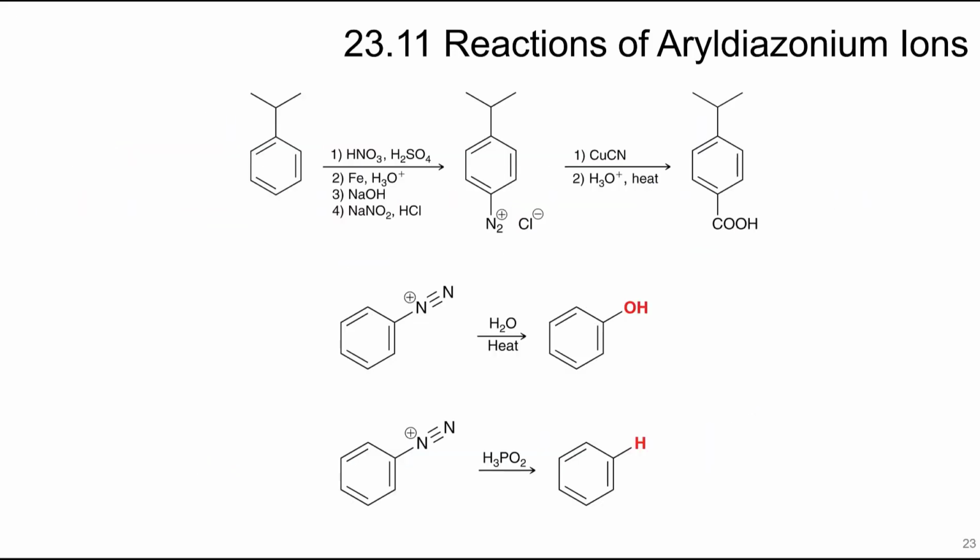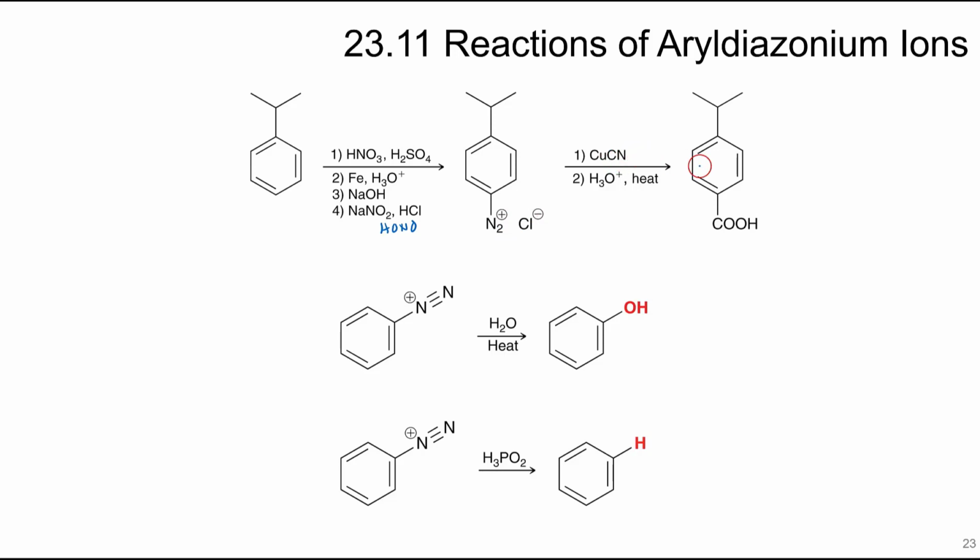So if we look at these synthesis problems here, to add a nitro group, if you recall, we would use HNO3 plus H2SO4, and this isopropyl group is going to direct us to the para position. So we're going to get a nitro that's para. The iron will reduce it to the aniline. Sodium hydroxide is part of the workup with the iron. And then NaNO2 is the reagent that you use, or this HONO, in order to convert it to the diazonium salt.